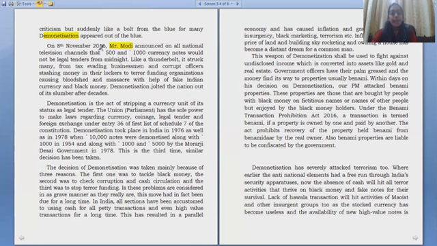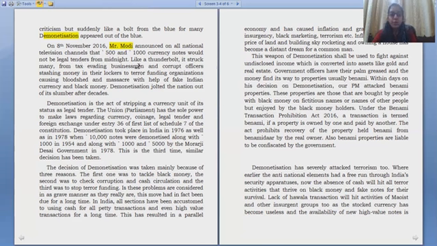Now, on 8th November 2016, Mr. Modi announced on all national television that 500 and 1,000 currency notes would not be legal tenders from midnight. Like a thunderbolt, it struck many.